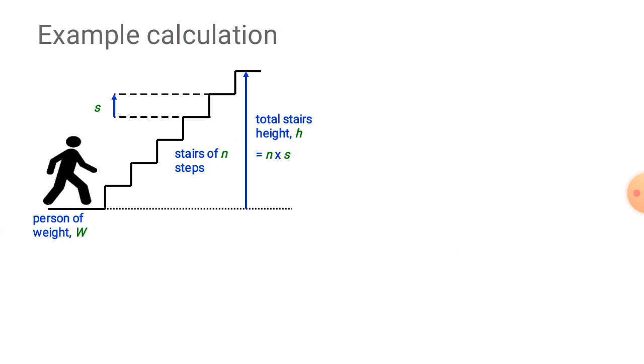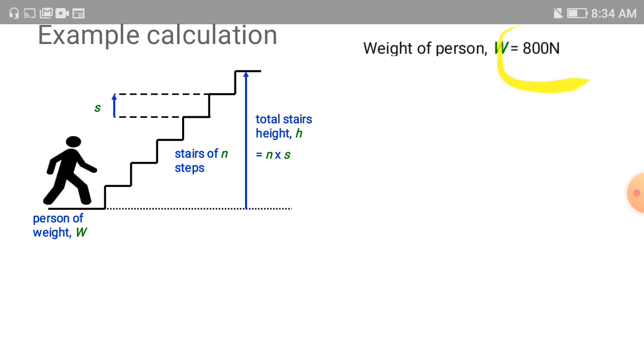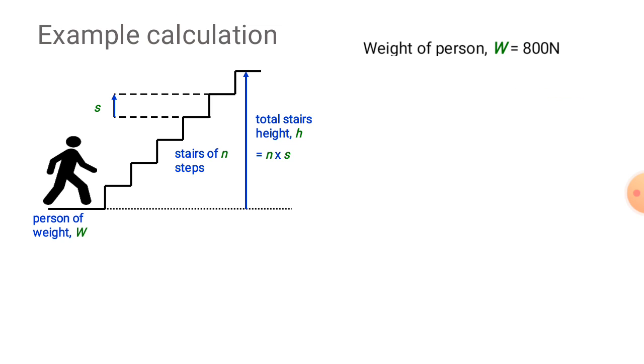So this is an example calculation. The weight of the person is 800 newtons. This is what we need, the first step. The time taken for the person to climb the stairs is 3.0 seconds.